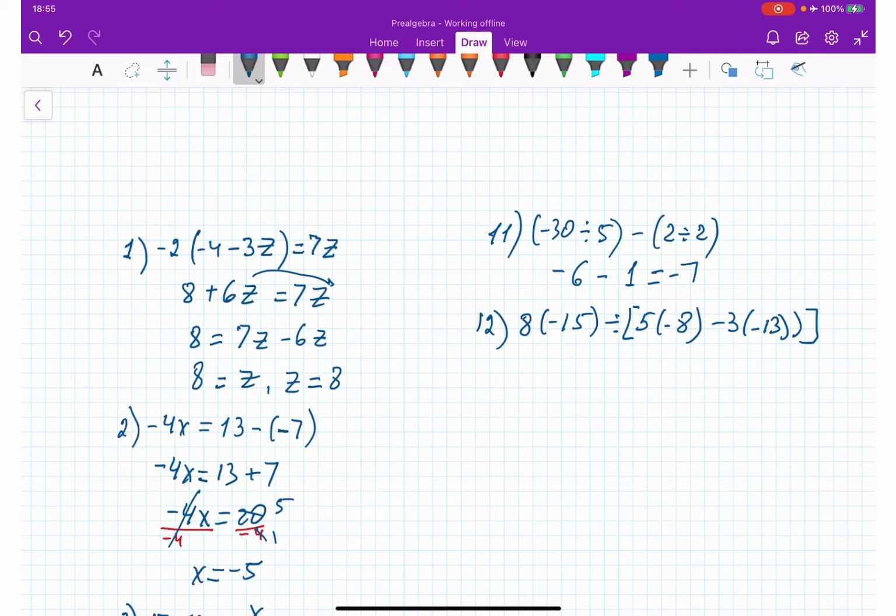Somewhere I missed some parentheses. I think we don't need this one.